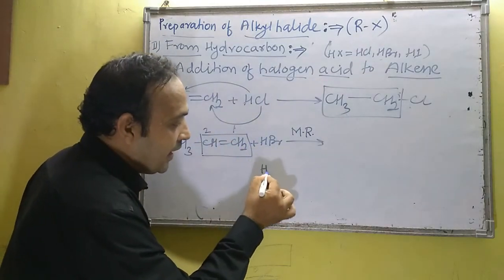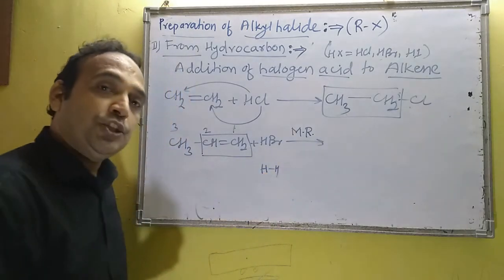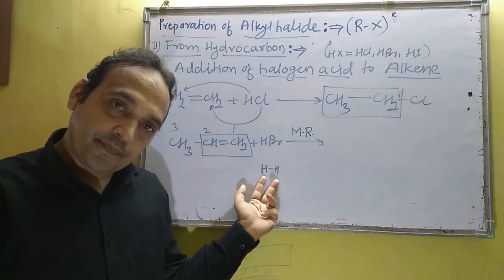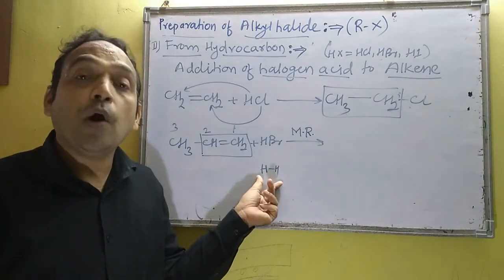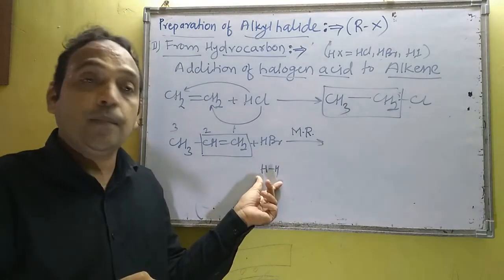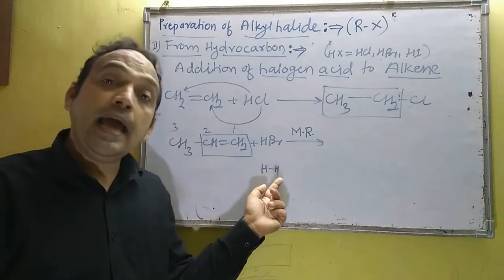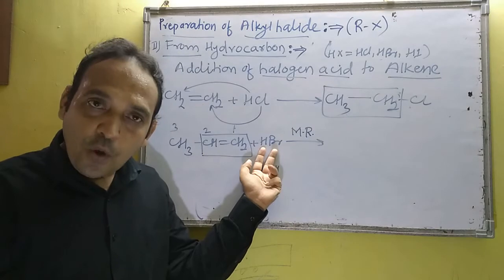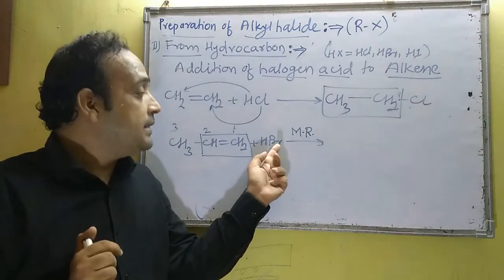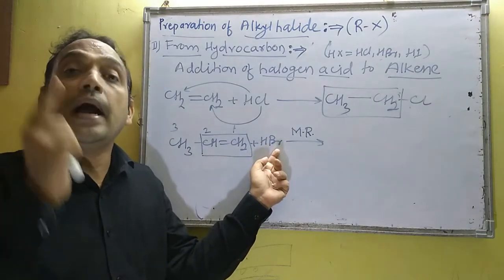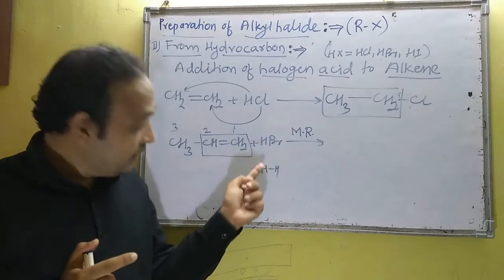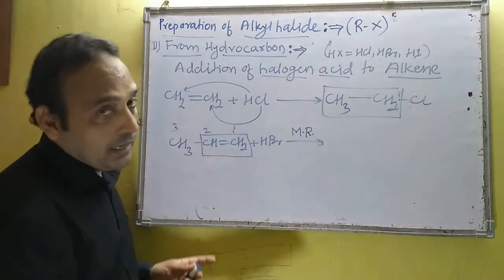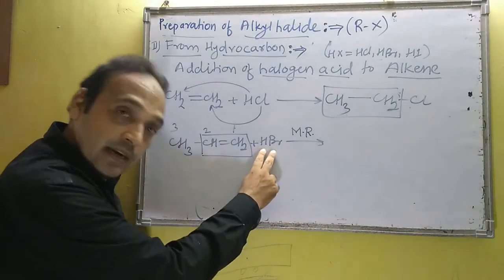Instead of HBr, suppose I write H2. Is H2 symmetrical or unsymmetrical? The hydrogen molecule contains the same atoms, H and H, so it is a symmetrical reagent. HBr has one hydrogen atom and one bromine atom, so it is unsymmetrical.